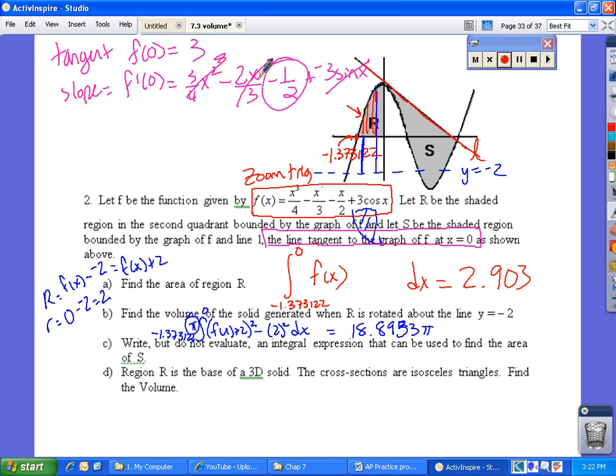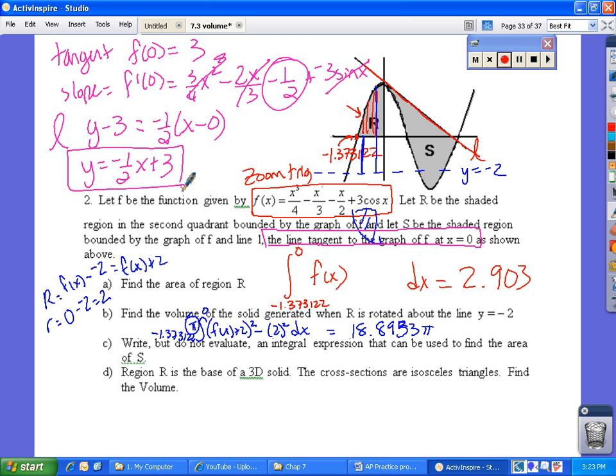So let's write the equation of our line L. Line L will be y minus my y value equals my slope times x minus my x value. If I just add 3 to both sides, I get y equals negative 1/2 x plus 3.